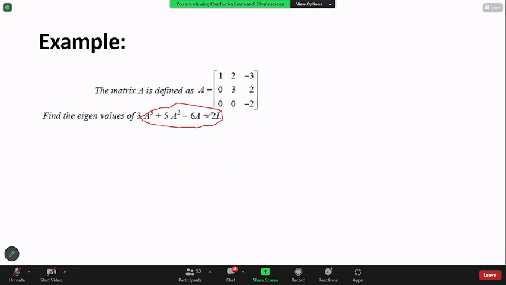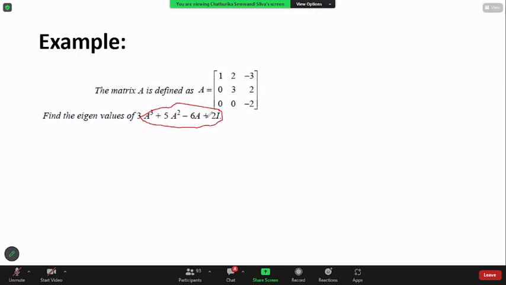So can we perform addition or subtraction among matrices of different dimensions? Can we perform addition between different dimension matrices? No, you can't. Right?